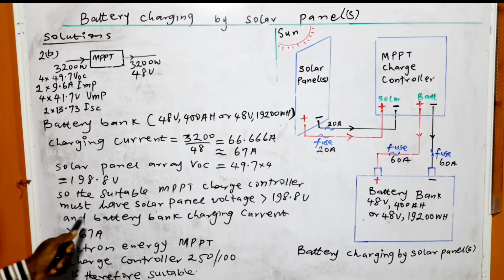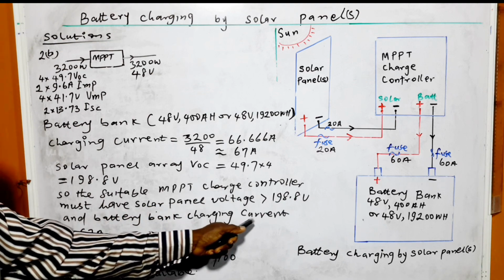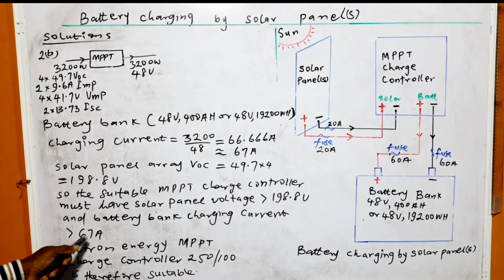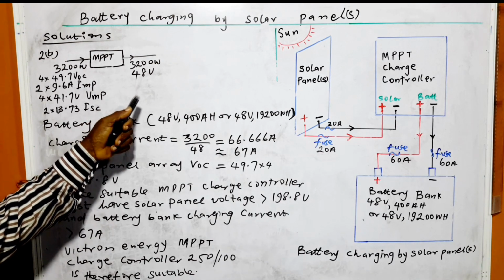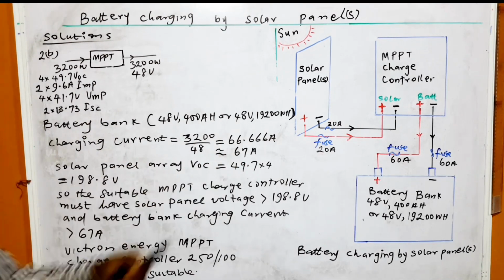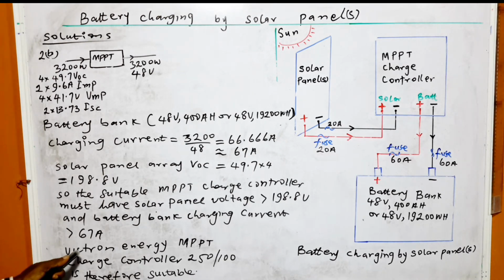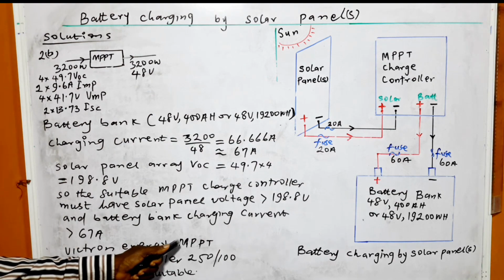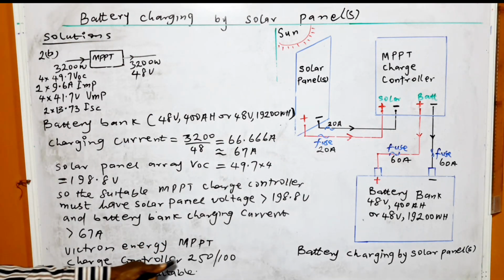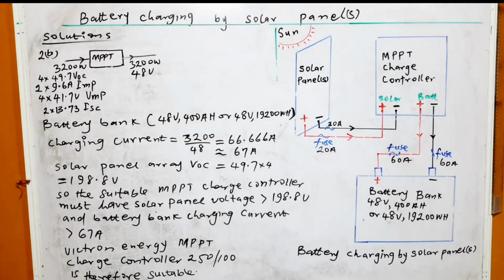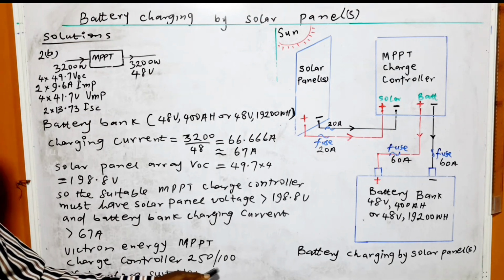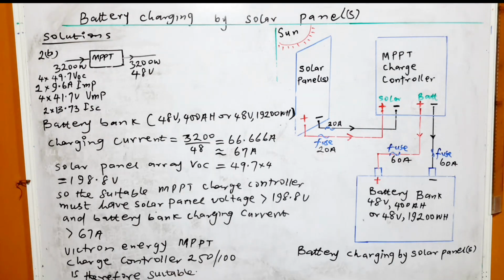Another thing, the battery bank charging current should be greater than 67 ampere. We should not just take the exact value. It has to be slightly higher. So the Felicity Energy MPPT charge controller 250 by 100, that is 250 volts and 100 ampere, is therefore suitable.